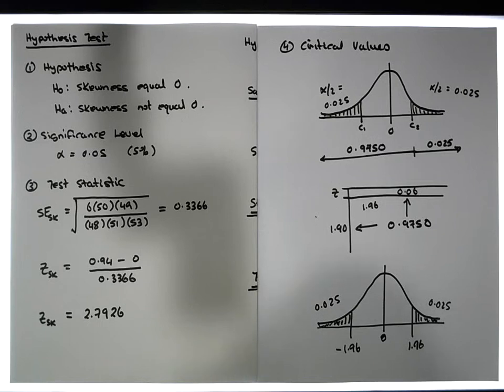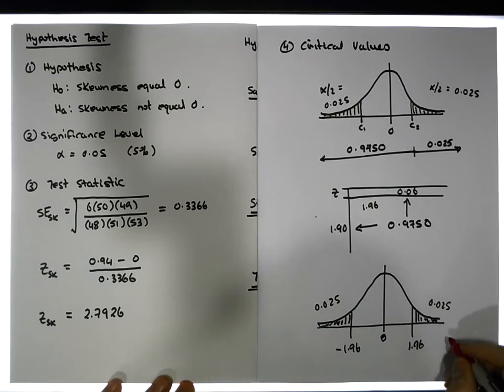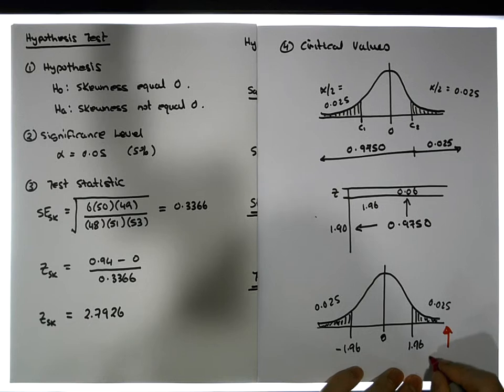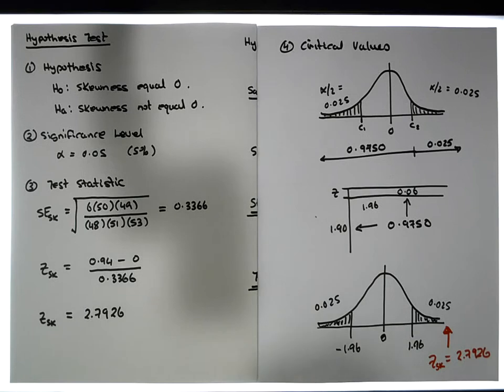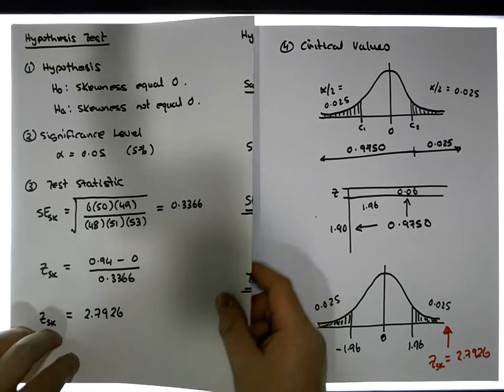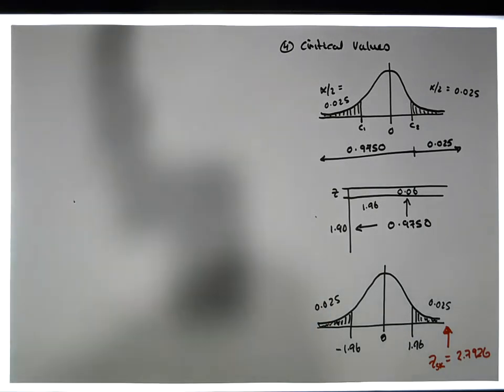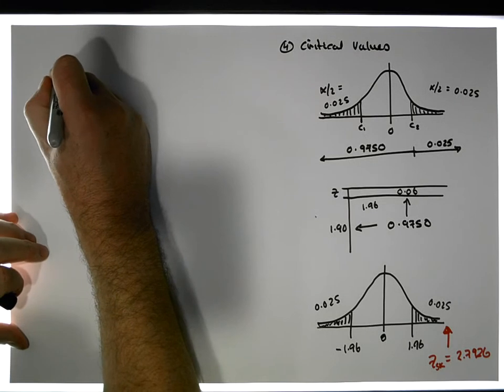Now in our case here, you can actually see that our test statistic is in here. It's in the right hand tail. Our Z for the skewness is equal to 2.7926. So we now can make our decision. Step 5 is our decision.